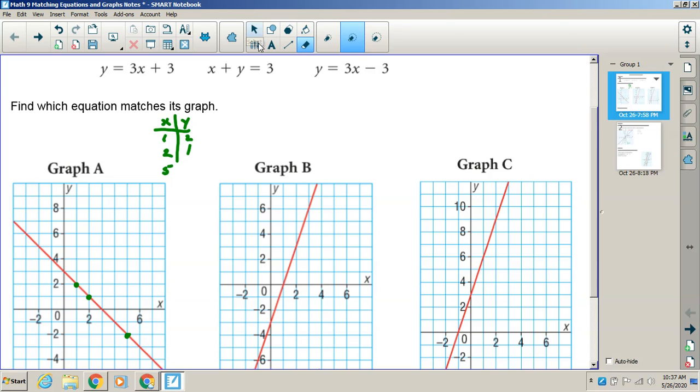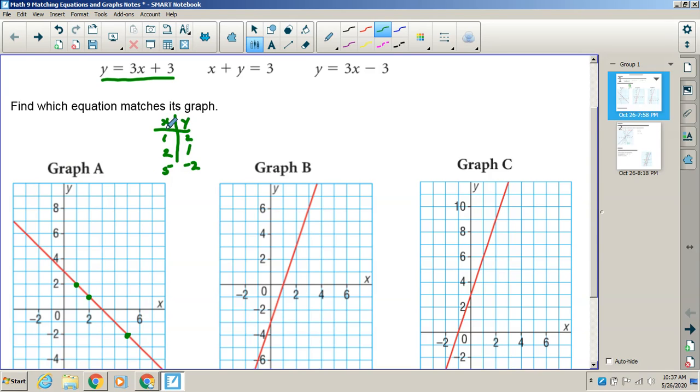We've got 5 and -2, I think it was. If I look at this first equation, y equals 3x minus 3, if graph A was to match up with this equation, each of these points would work in that equation, because these are all linear relations. So I substitute in.